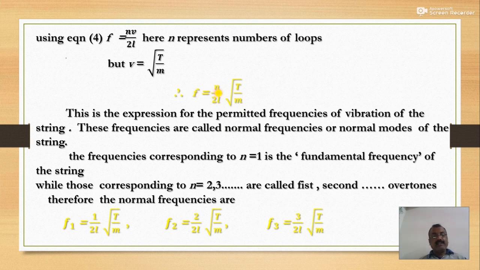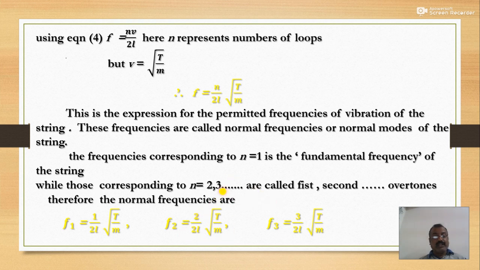If n = 1, then f1 = 1/2L times the square root of T by m. This is called the fundamental frequency. If n = 2, f2 = 2/2L times the square root of T by m, which is called the first overtone.